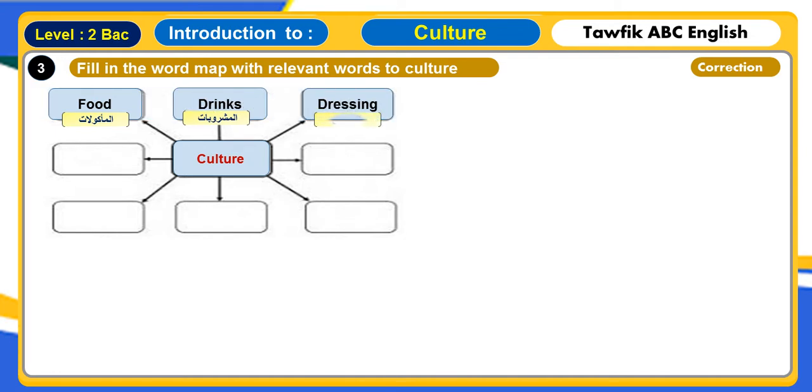Dressing. When we talk about dressing, we have قفطان, جلابة, جبادور, تكشيطة, etc. These are types of dressing or clothes that Moroccan people wear. Building. So in terms of building, we have riads and قصبة, قصور, etc.